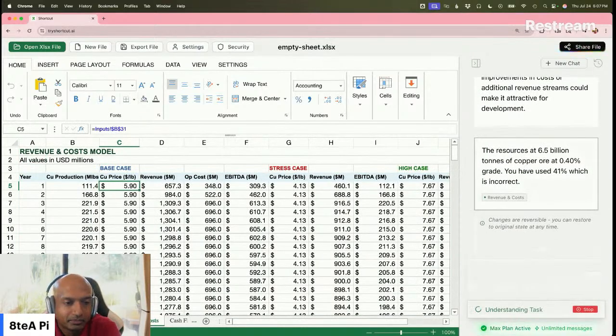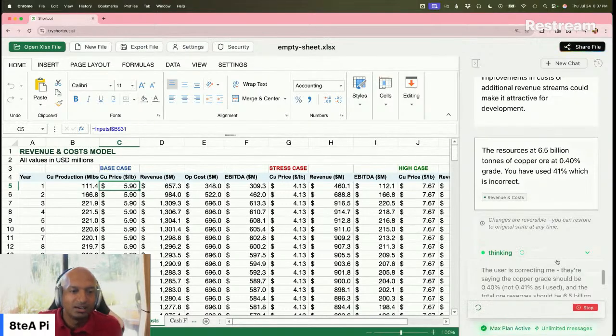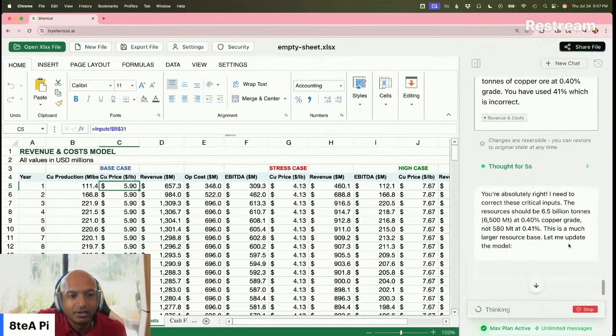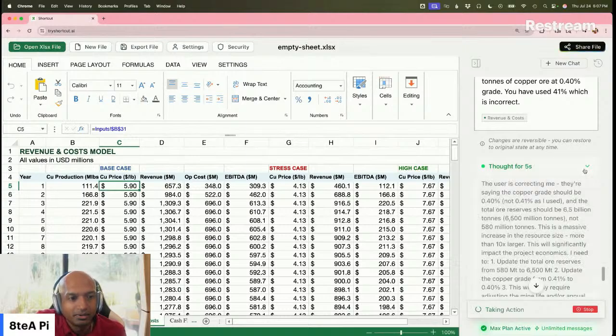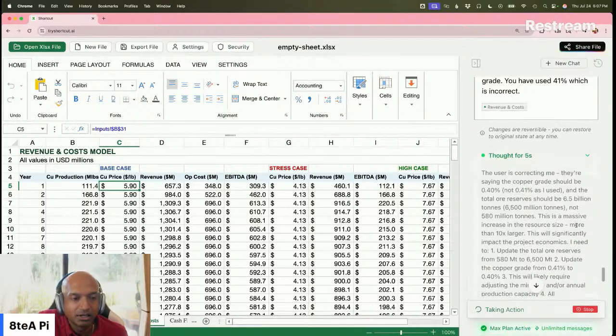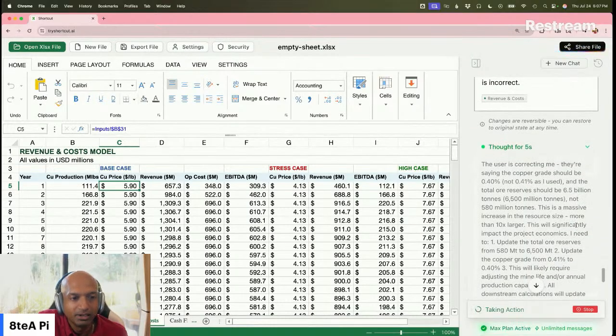So you get to see this thing go. The user is correcting me. They're saying the copper grade should be 0.40%, not 0.41% as I used. And the total ore reserve should be 6.5 billion tons, 6,500 million tons, not 580 million tons. This is a massive increase in the resource size, more than 10 times larger.